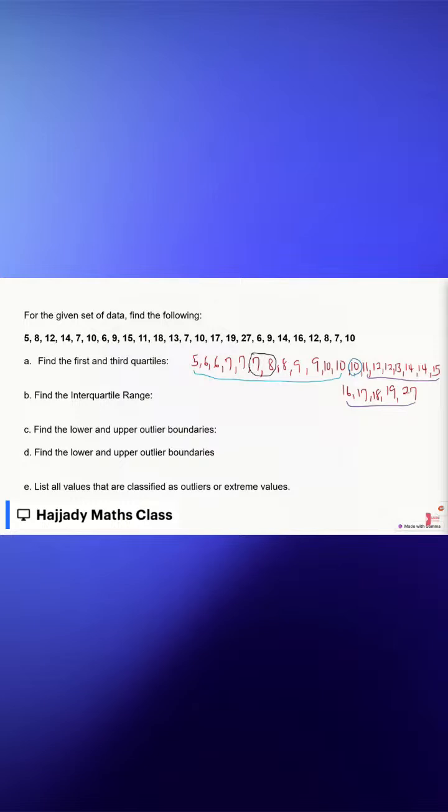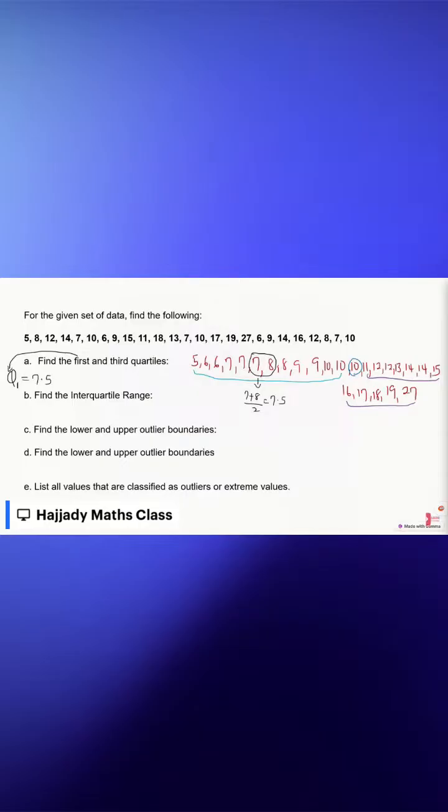If you take the average of that, this should be 7 plus 8 over 2, which is 7.5. So the first quartile, represented as Q1, equals 7.5.